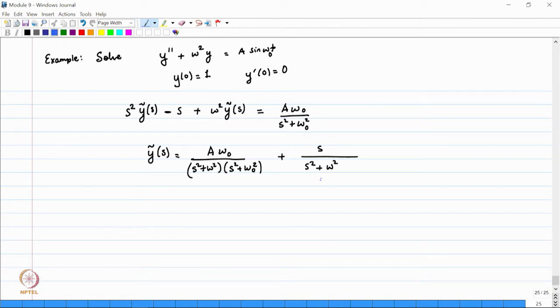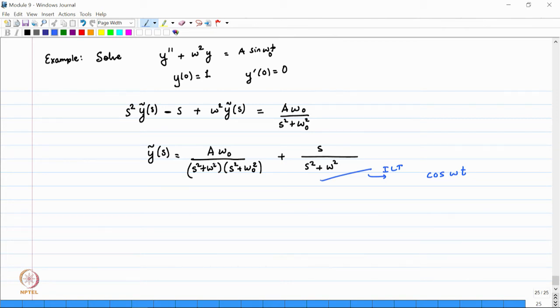So, if I want to calculate y of t, I know the inverse of this. The inverse Laplace transform is nothing but cosine of omega t. So, the inverse Laplace transform of this quantity is just cosine of omega t.